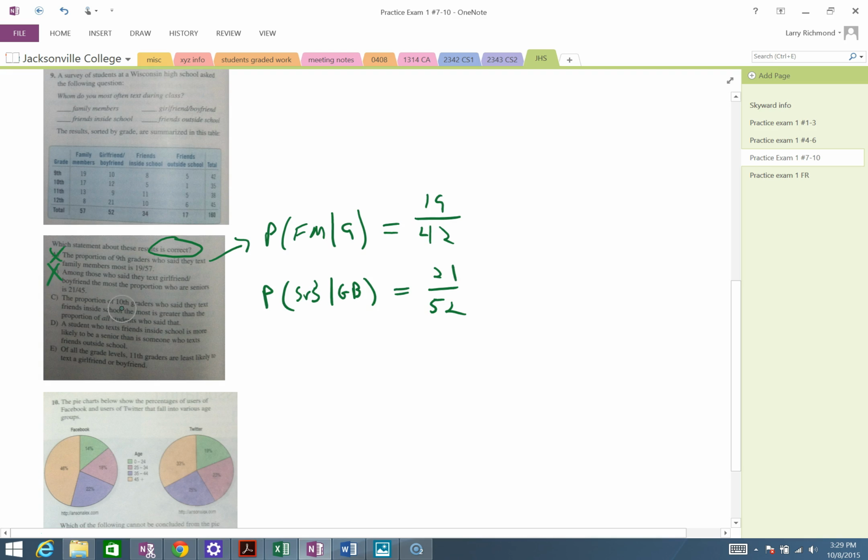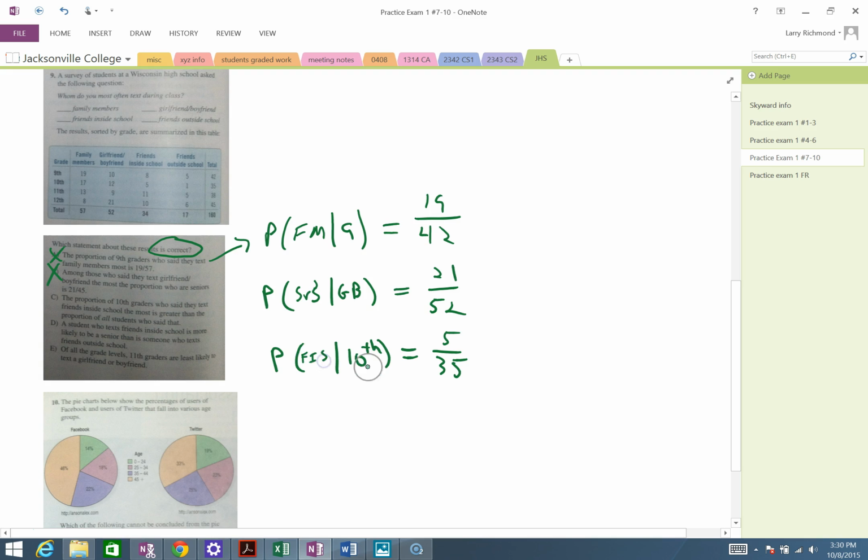C, the proportion of 10th graders. So our given is the 10th. The denominator is the 10th. So the 10th grade group, the denominator is 35. The proportion of 10th graders who said they text friends inside school, that's 5. 5 out of 35 there. Greater than the proportion of all students who said that. So, friends inside school.